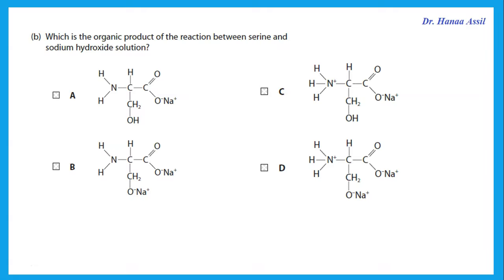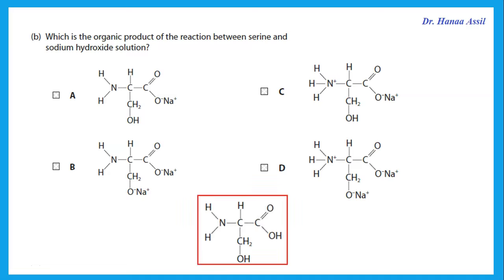Which is the organic product of the reaction between serine and sodium hydroxide? Serine is an amino acid, so they gave me this structure of serine. It's an amino acid. So we're going to put this amino acid in a base, in sodium hydroxide. What is the state of an amino acid in a base?